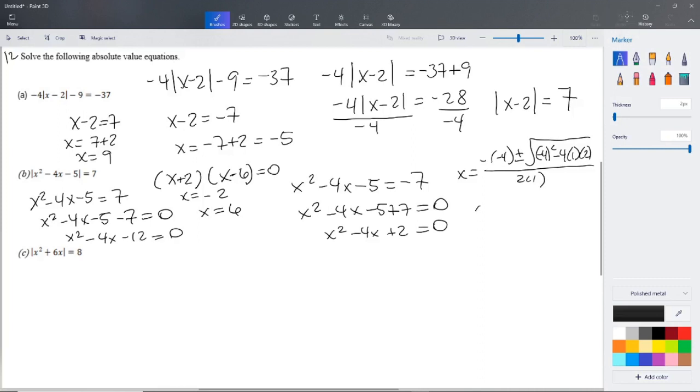All right, so that's going to give us positive 4 plus or minus the square root of negative 4 squared is 16. Negative 4 times positive 1 times positive 2 is negative 8, all over 2. So right now we have 4 plus or minus the square root of 8, all over 2. The square root of 8 is the same as saying the square root of 4 times the square root of 2.